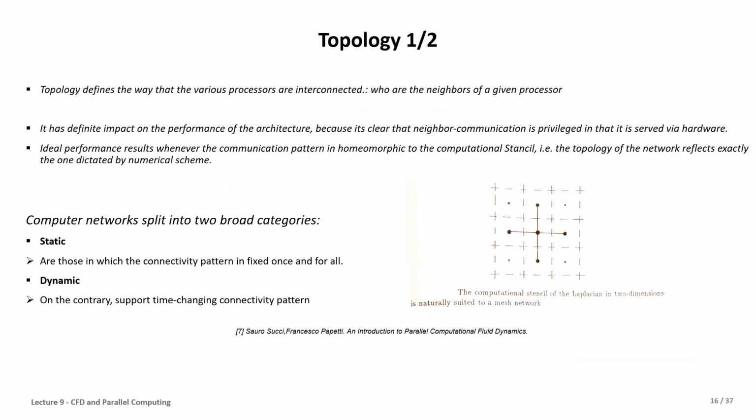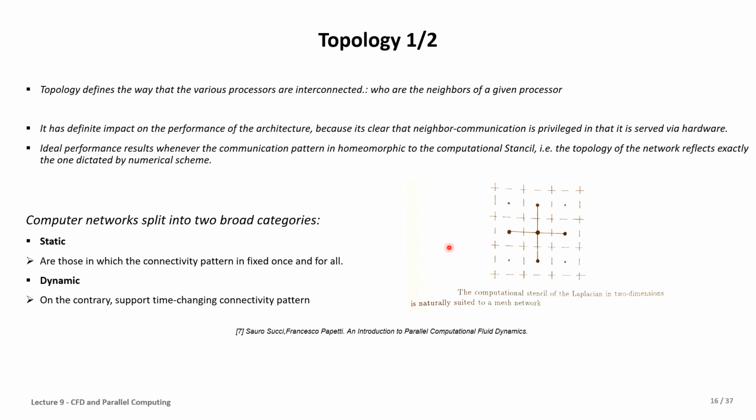Regarding network interconnection in distributed memory, we have the topology. The topology defines the way the various processors are interconnected, and who are the neighbors of a given processor. When we have a CFD domain, every node, during the time, needs to take the update from the neighbor nodes.